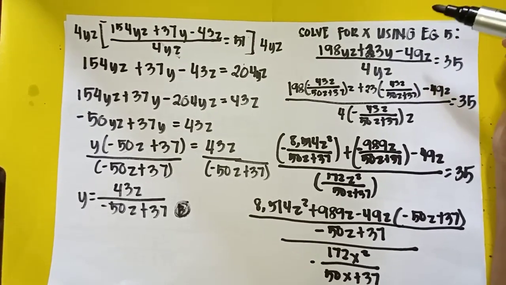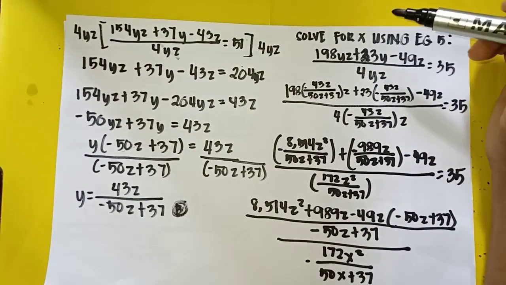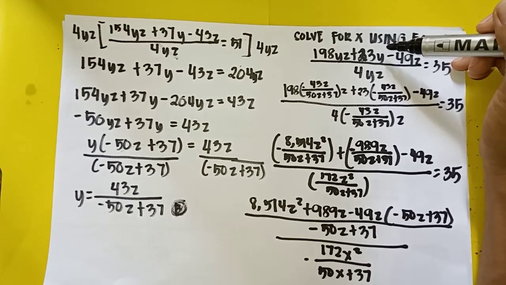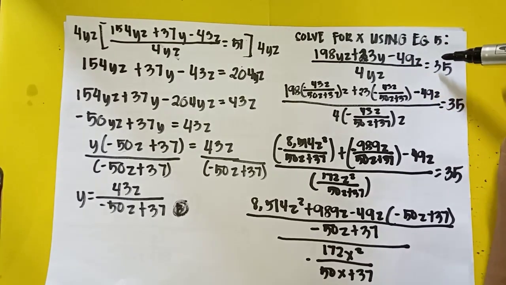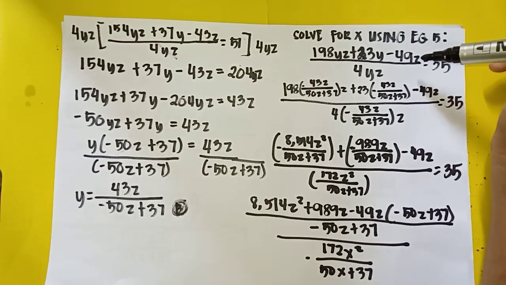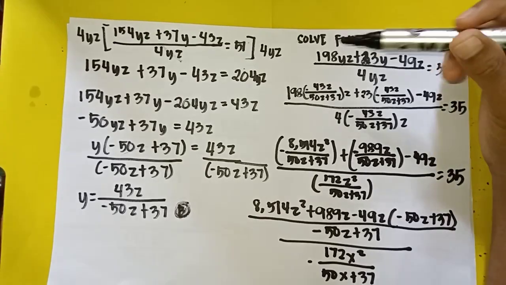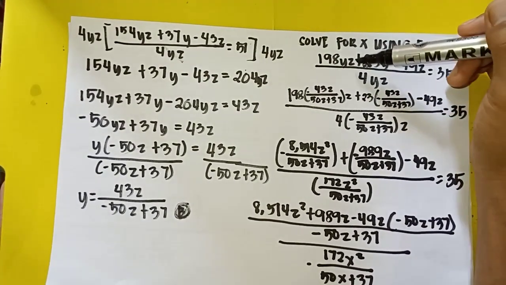Then the next step is to solve for z using equation number 5. So our equation number 5 is 198yz plus 23y minus 49z equals 35 over 4yz. So we will substitute the value of y.